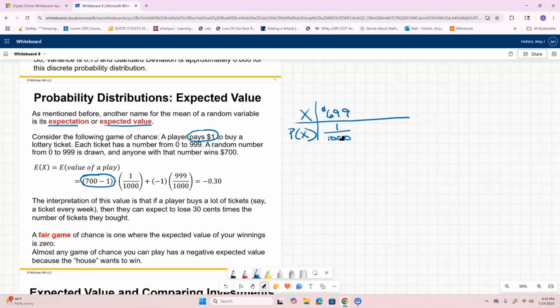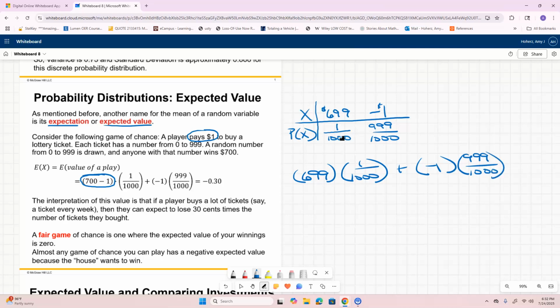All the other times, you're going to lose $1. You're going to be at -1. And that's going to happen the other 999 out of 1,000 times. And so if I multiply that, 700 minus 1, or 699, times 1 out of 1,000, and then I add that to -1 times 999 out of 1,000.